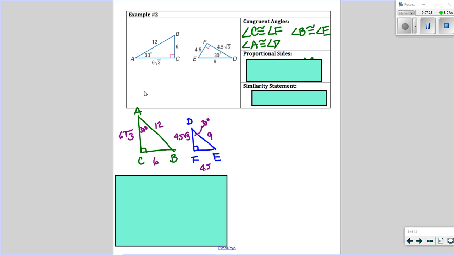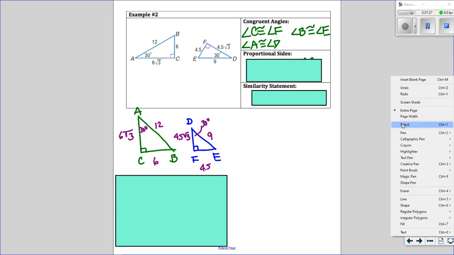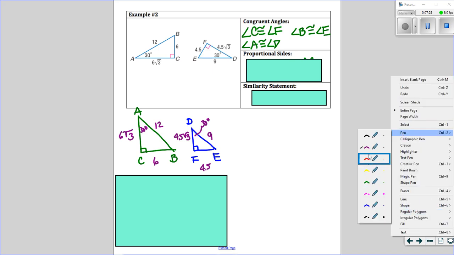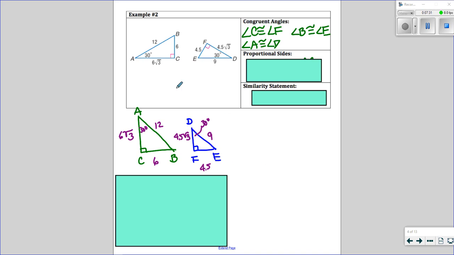Now the sides. Are the sides proportional? I have to do a test first. I can't just assume unless I prove it. So I'm going to look at 6 to 4.5. I'm going to put 6 and 4.5, and then a question mark, and see if this is equivalent to or proportional to the other side, 12 over 9.